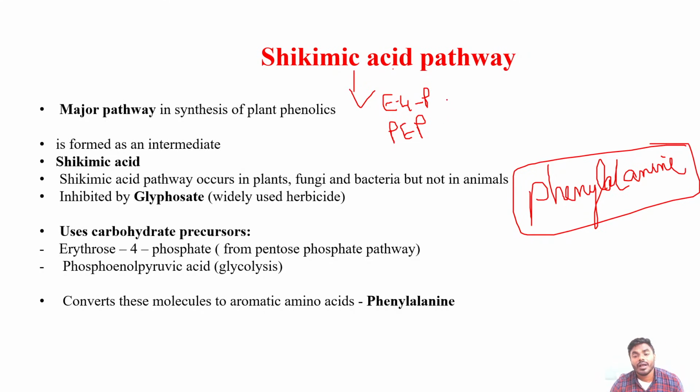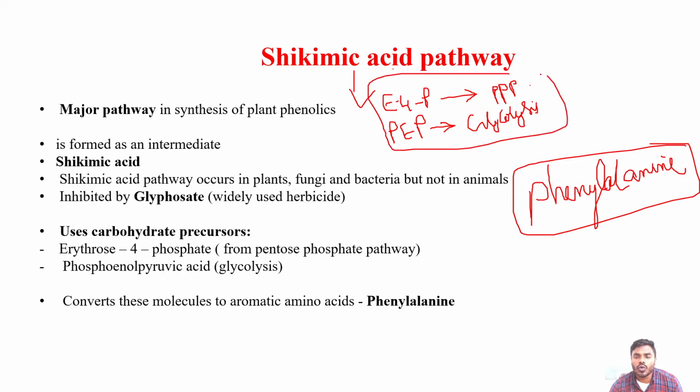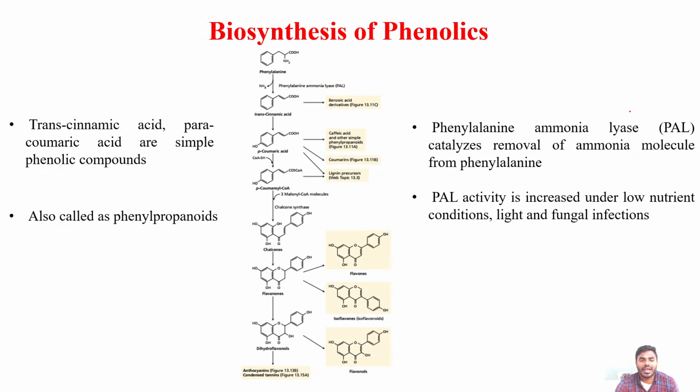You know very well where this erythrose 4-phosphate has come from. It has come from the pentose phosphate pathway. And where has this phosphoenol pyruvate come from? It has come from glycolysis, we all know very well. Now what are these two doing? They undergo the shikimic acid pathway, and friends, they give rise to phenylalanine.